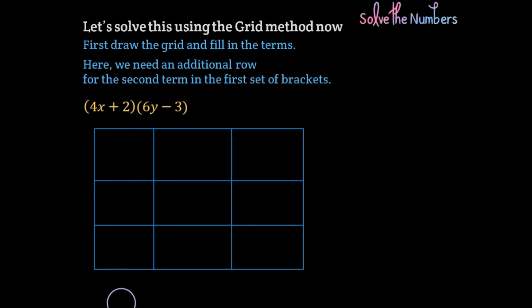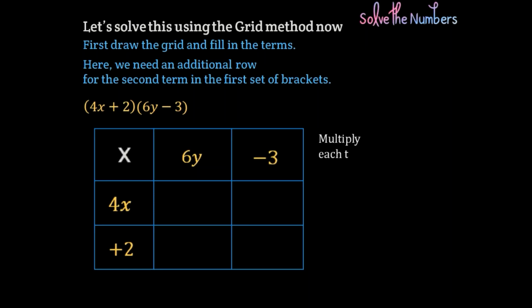So first we fill in the first term in the first set of brackets, which is 4x. Then we fill in positive 2 right below it. Depending on how many terms there are in the first set of brackets, we can increase the number of rows. Then we fill in 6y on the top and negative 3 right beside it. And we put in the multiplication sign.